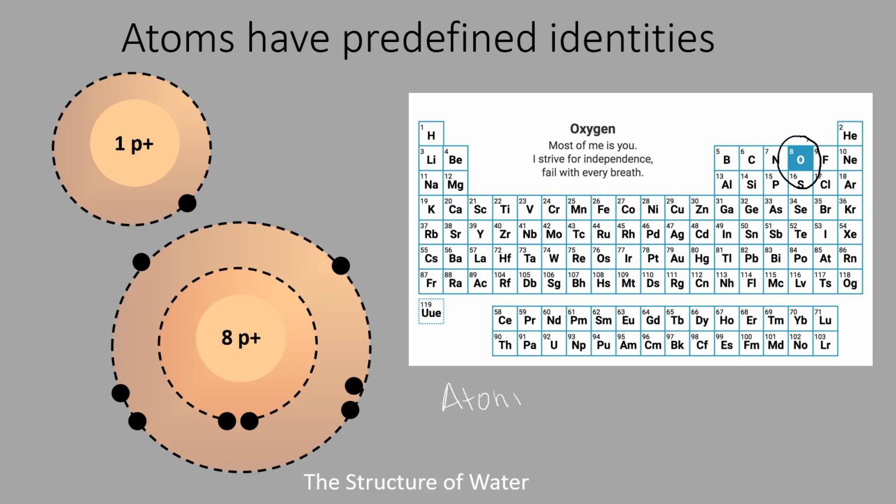The atomic number tells us how many protons are in our atom. And I'm going to tell you that an atom has no charge. Therefore, if we've got 8 protons, we've also got 8 electrons. And those electrons are organized in these shells that we have over here in this oxygen atom.